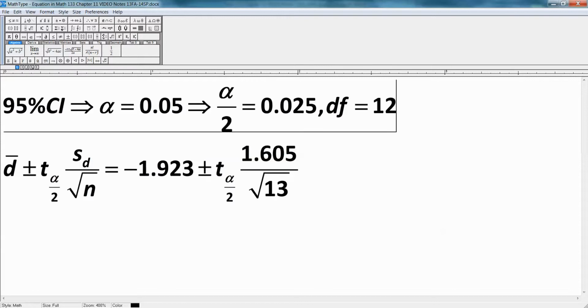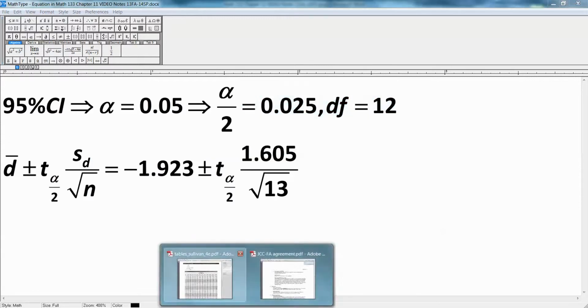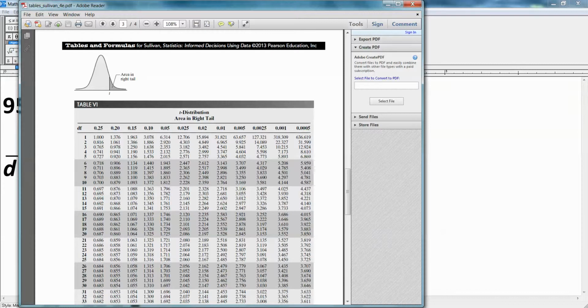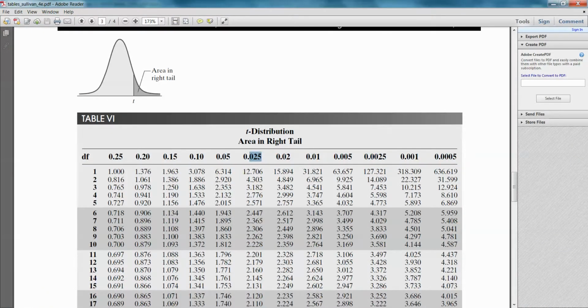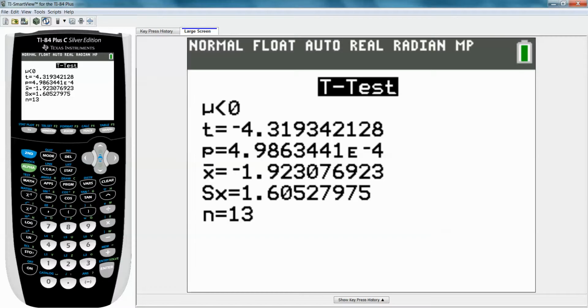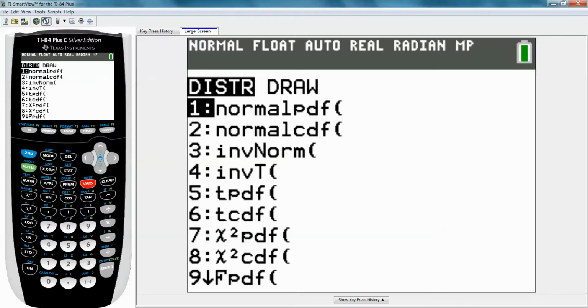So I can either use the calculator with these two numbers or use my table. Let me grab my table real quick. All right, so the table, I would go to the 0.025 column, and I would go to 12, and it's 2.179 right there. Or I could use the calculator, do second distribution, that's above your variables button.